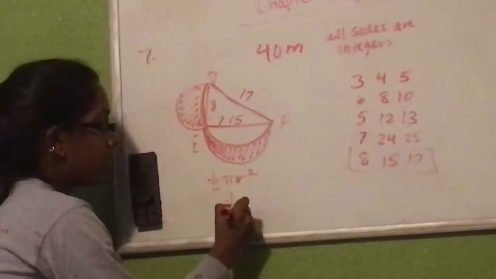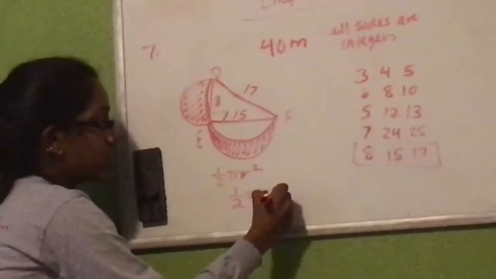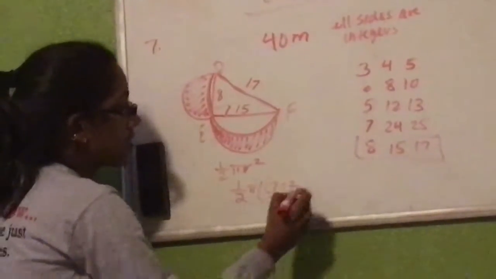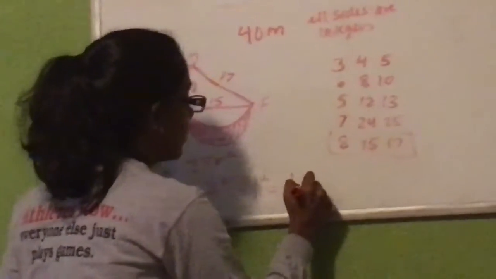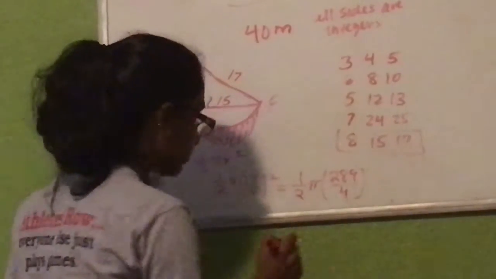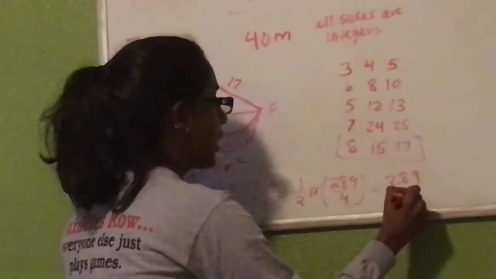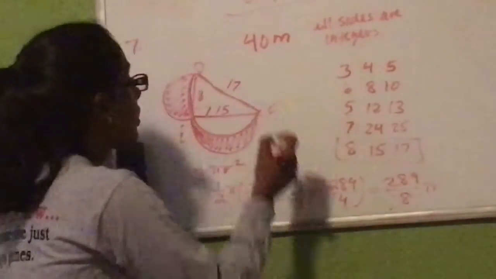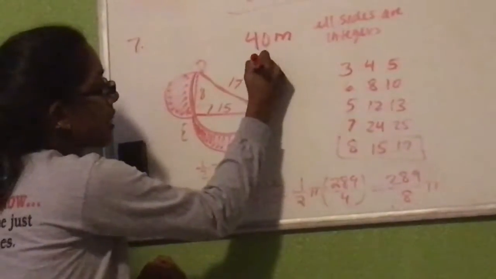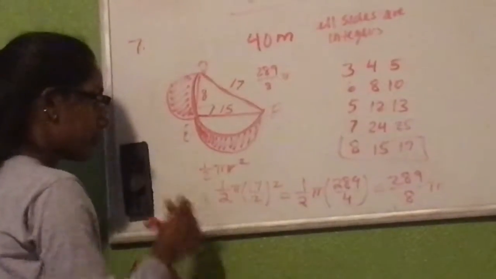So we know 1/2 pi, the radius is half of the diameter, which is 17 over 2 squared, and that gives us 1/2 pi times 289 over 4. So that gives us 289 over 8 pi. So we know that is the area of the largest semicircle. So I'm just going to jot down this right here.